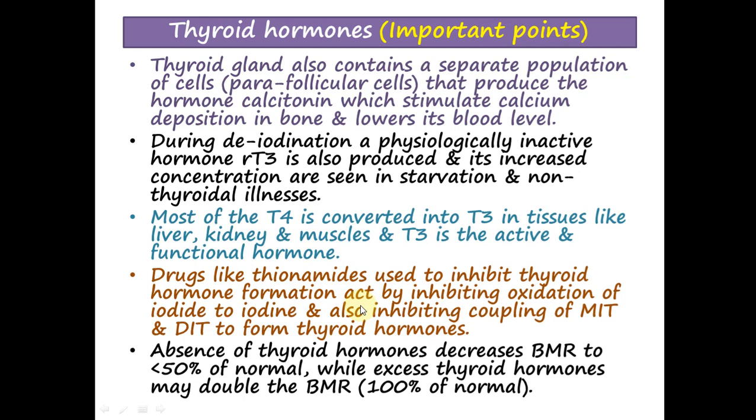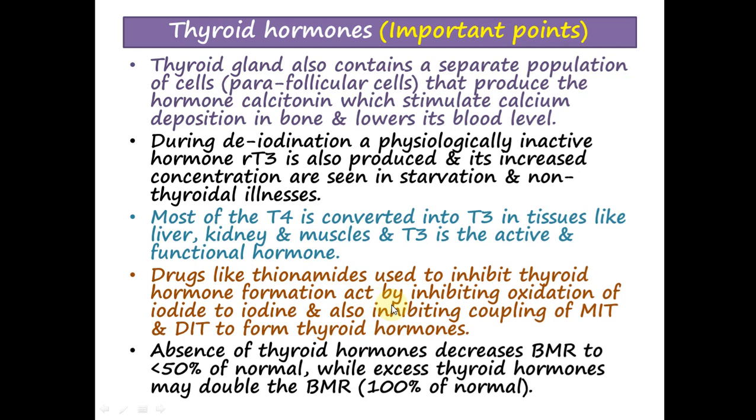So suppose we are treating a patient with hyperthyroidism. We want to suppress the formation of thyroid hormones, and we use certain drugs like thionamides to inhibit the formation of thyroid hormone. The thionamides inhibit thyroid hormone by two effects.